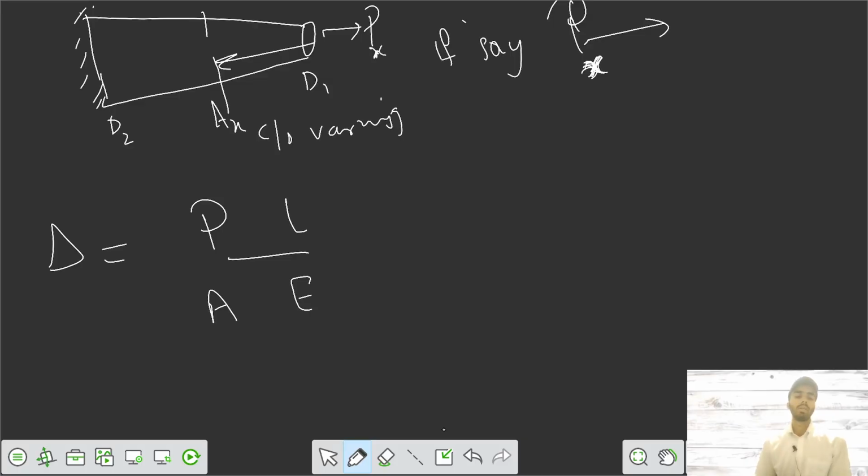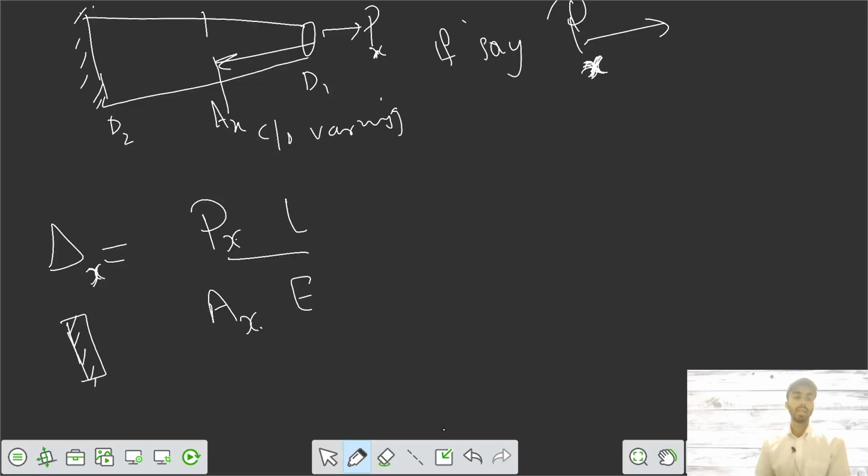But since X is also varying, area is also varying, we will take any section X. The deformation at any section X equals Px over area Ax, but the section has to be a smaller section that we have to integrate.